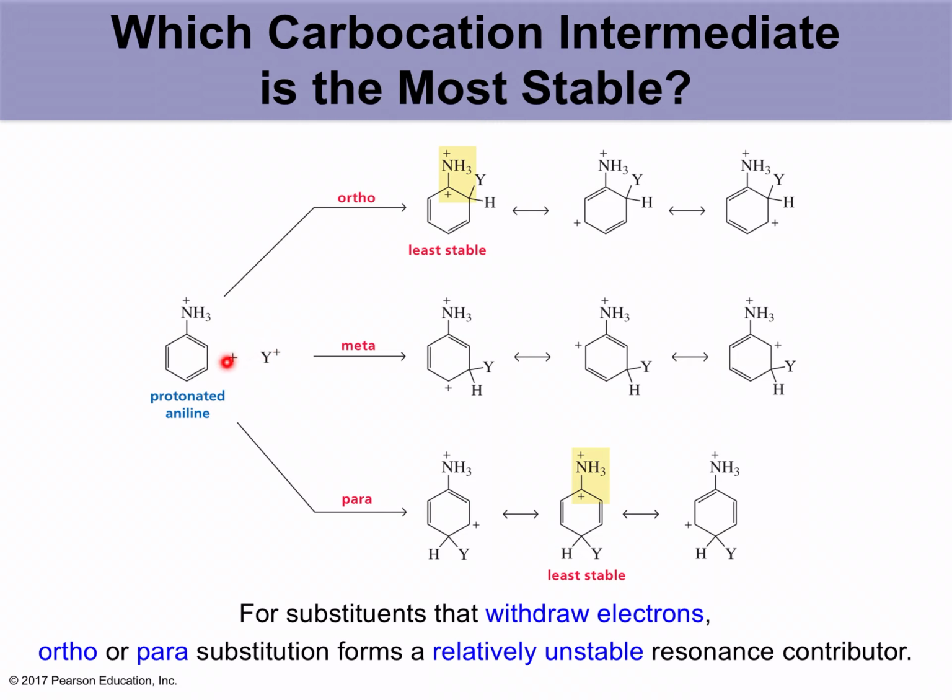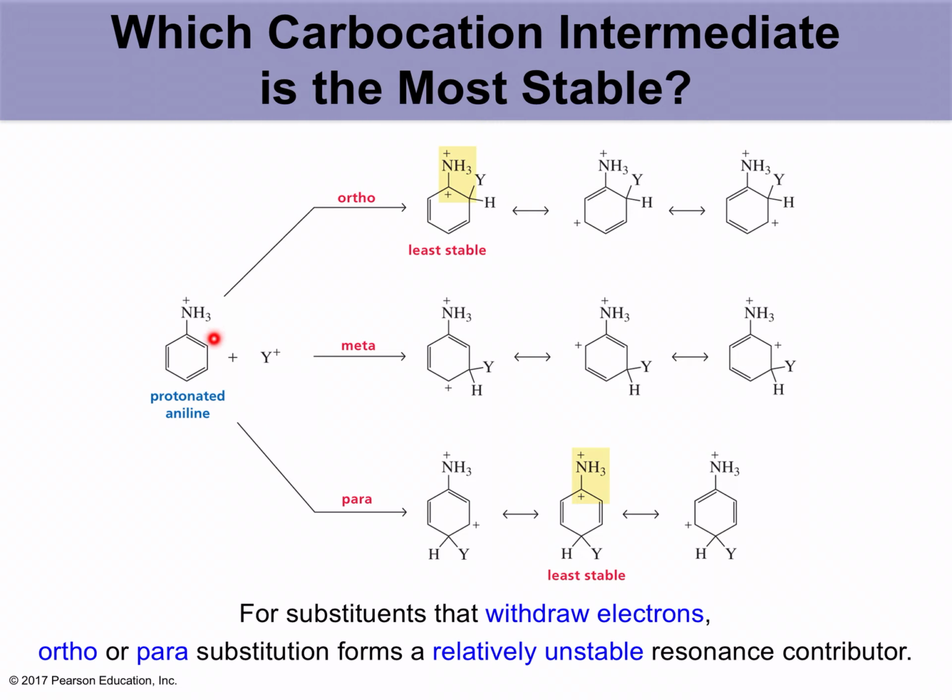When the electrophile goes to the meta position, the positive charge will not be right next to the nitrogen. You see here, one is going to be here, and the other two are going to be one on this carbon and the other one on this carbon. So it will not create the least stable structure as it did with the ortho and the para.